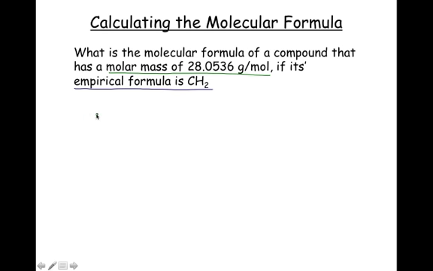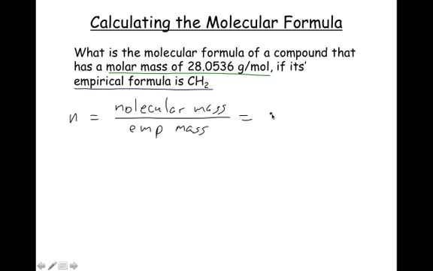And so to solve this, n equals the molecular mass divided by the empirical mass. The problem tells you that the molecular mass is 28.0536 grams per mole. We just need to add up the mass of the CH2 and figure out what it is.